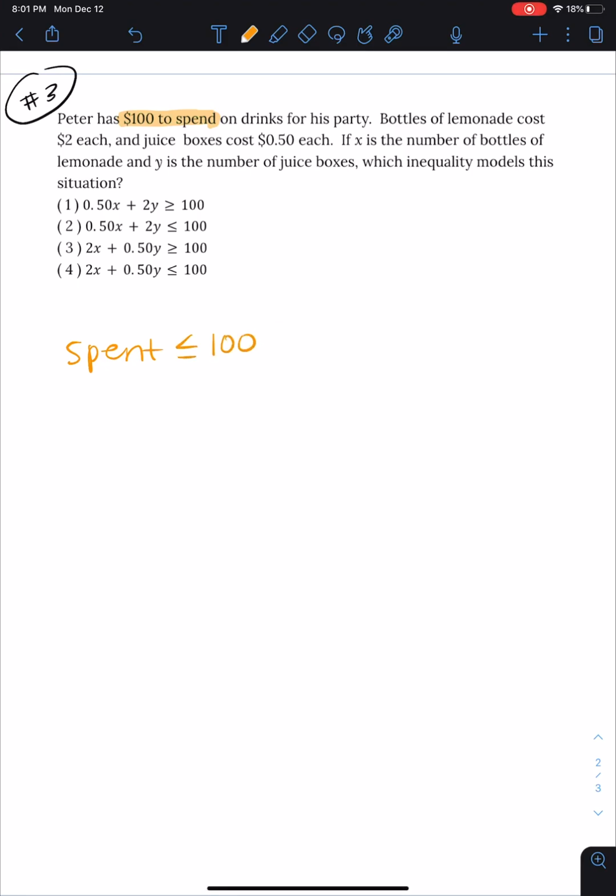Because I could spend up to $100, so I could spend at most $100, but I can't spend $110, right? I can't spend $120. I could spend $99, I could spend $98. So what's being spent has to be less than or equal to 100.